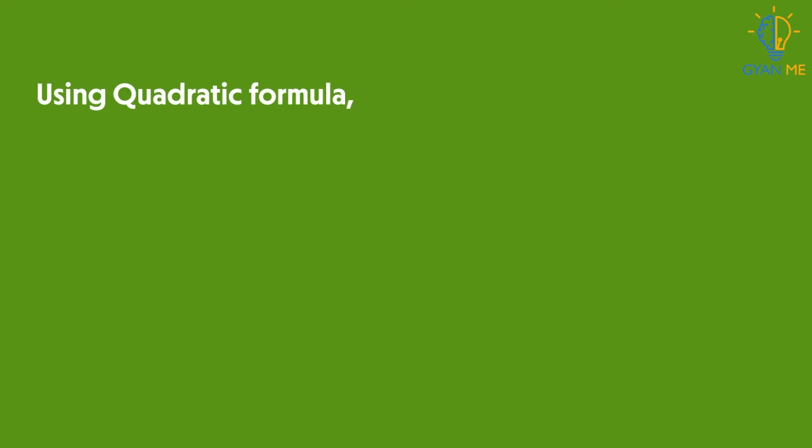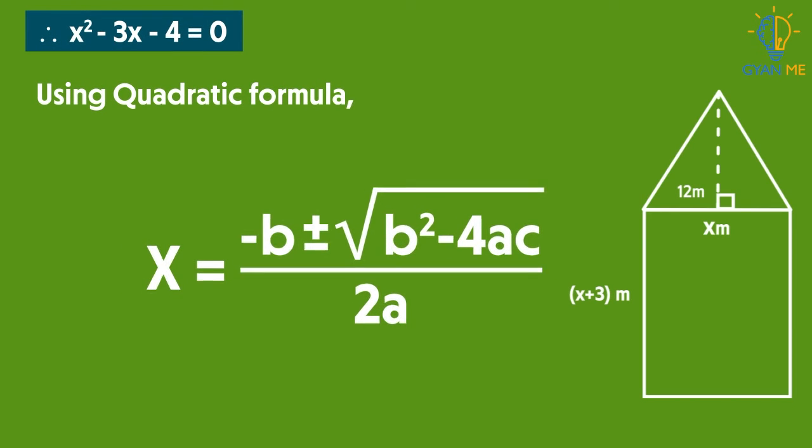Now using the quadratic formula, x equal to minus b plus or minus under root b square minus 4ac upon 2a, we can get values of x, which will be the roots of this equation, and in turn the length and breadth of the rectangular park.